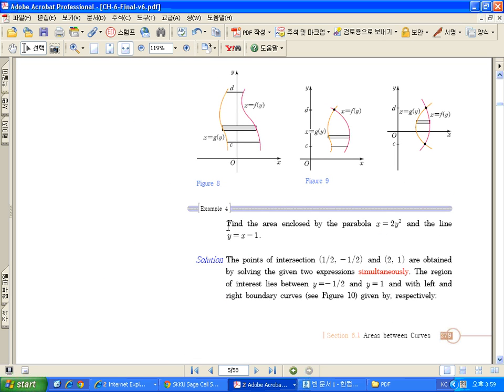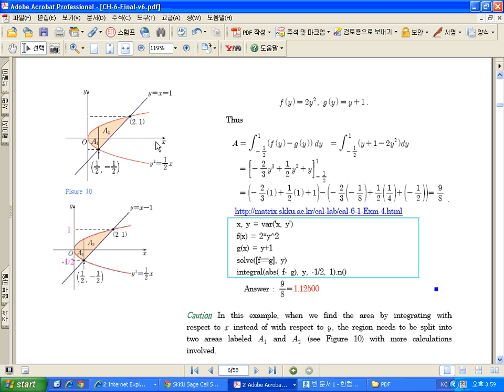Okay, and this example shows what we discussed. Find the area enclosed by the parabola x = y² and the line y = x − 1. This is a line and this is a parabola, and they intersect at 2 points here and here. In order to find this, it's much easier to integrate with respect to y, from here to here, this minus that.